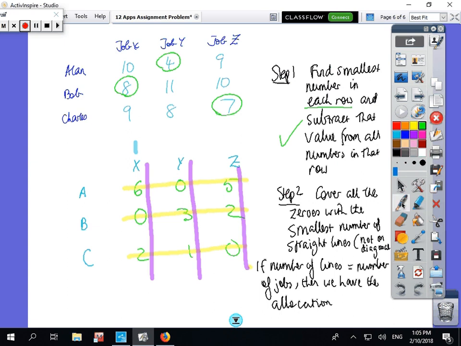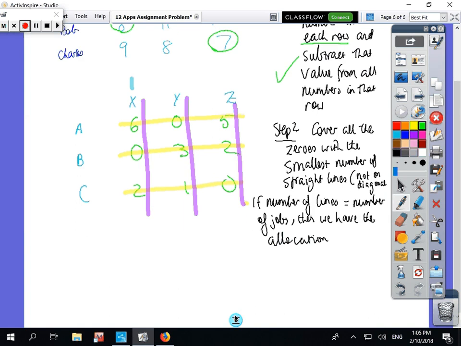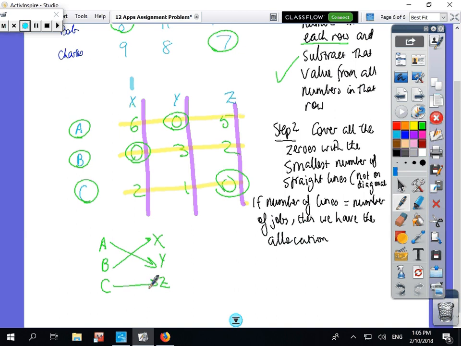So what the job allocation would be: the people are A, B and C, and the jobs are X, Y and Z. A will do job Y, B will do job X, and C will do job Z. And that's the allocation.